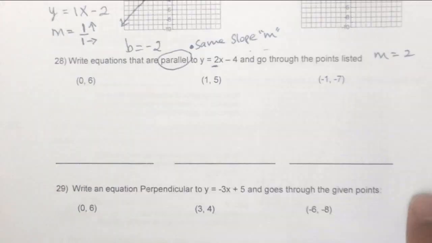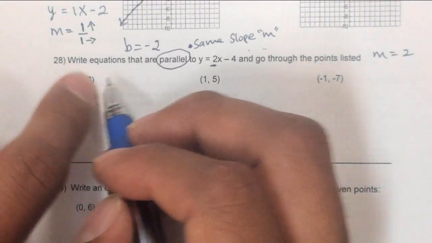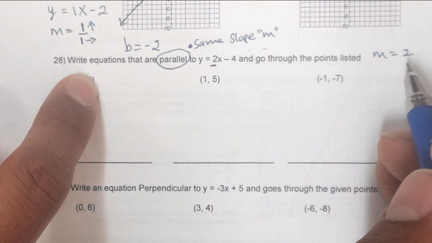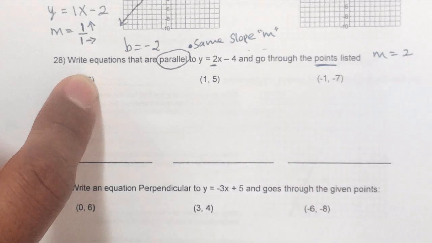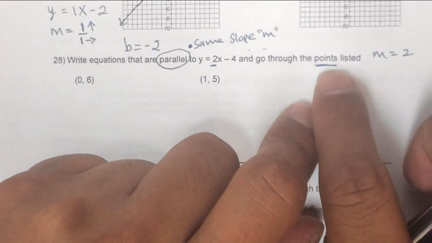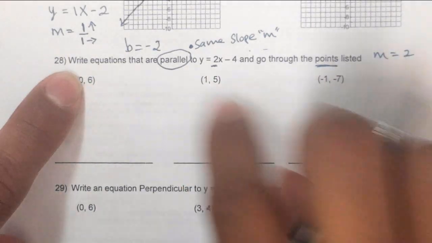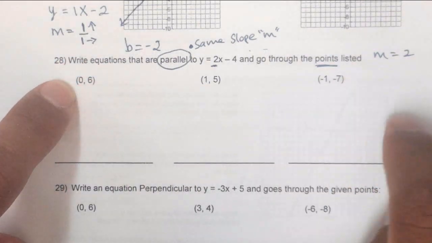Whatever I do with the next equation, I have to make sure that the m is 2. And they also listed points. So I have m and I have a point, one for every problem.